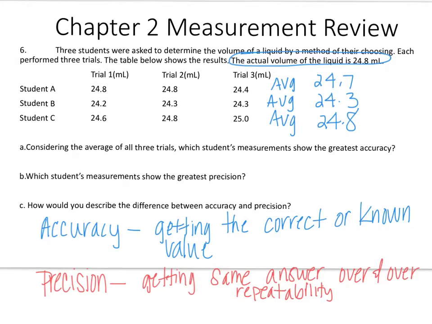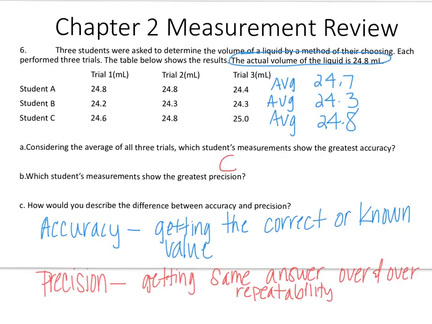And so what it's asking in question A is, considering the averages of all 3 trials, which student's measurements show the greatest accuracy? And since student C has an average of 24.8, which is the known value, we would say student C, okay?